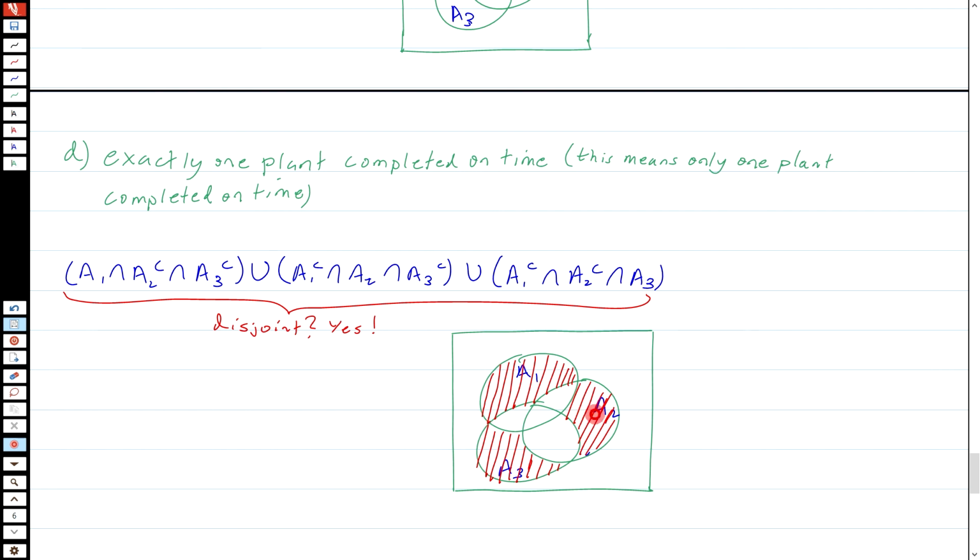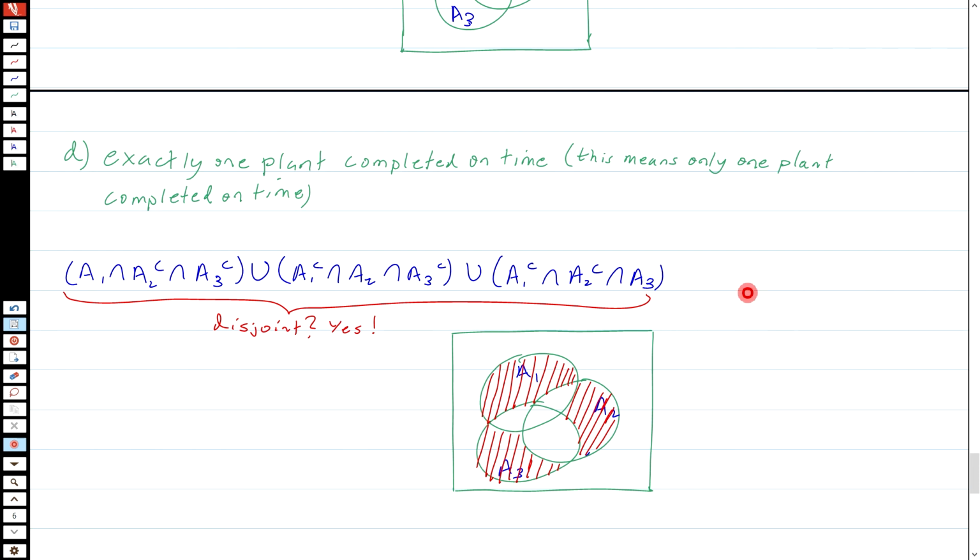If we're in this part here, then only A2 has taken place, and that's written as A2 intersected with A1 complement intersection with A3 complement, or we could be here. So the ors turn into unions, and this last one is the event that A3 occurs but A1 doesn't occur and A2 doesn't occur.